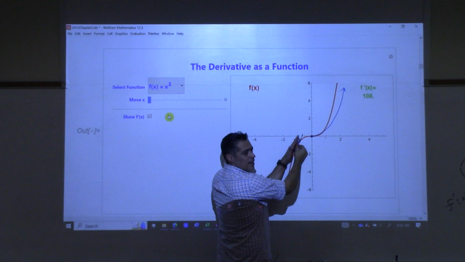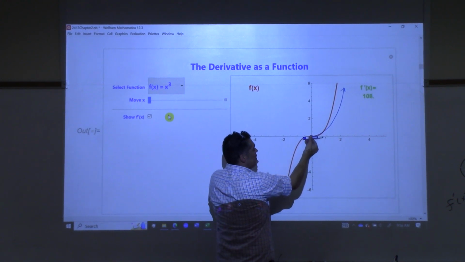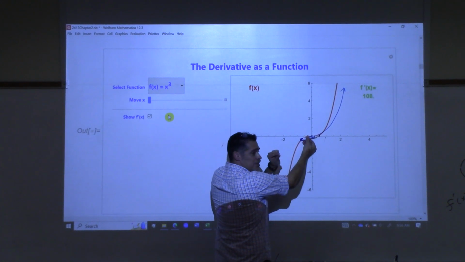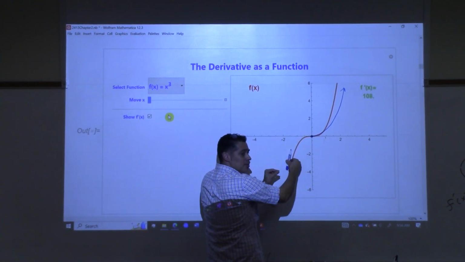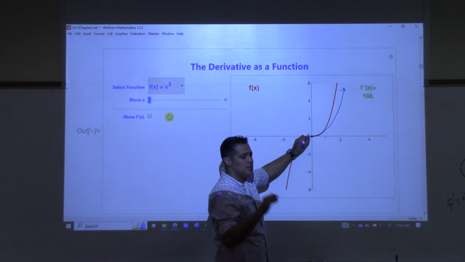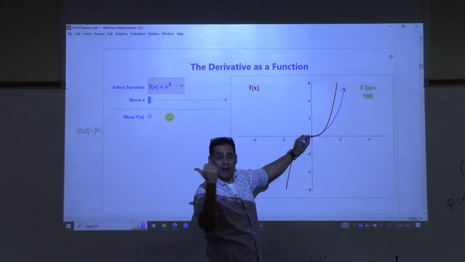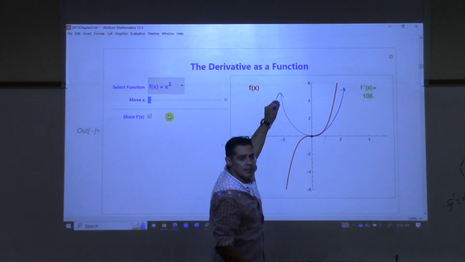It's positive. So when I draw my derivative, if I start moving this way, I have small positive numbers that are becoming bigger and bigger positive numbers, aren't they? So when I draw my derivative this way, small positive, getting bigger positive, it should look like that.